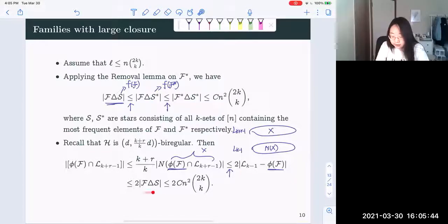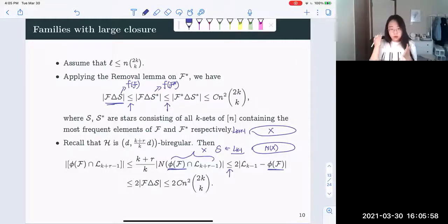Okay, then the next is, if you recall the definition of this auxiliary graph, indeed this L_{k-1} layer just corresponds to this star S, because that is all the elements which contain that most frequent element. So this difference is indeed in the symmetric difference of F and S. And now from the previous step, we get the upper bound here.